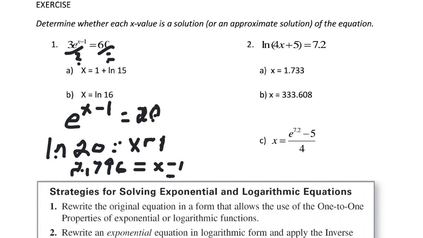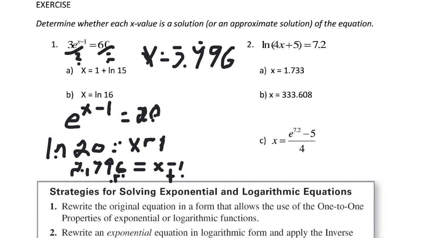So we add 1 to both sides, and we get x equals 3.996. And if you check both of those, you're not anywhere close to that. They're both in the 2s. So they're not either.